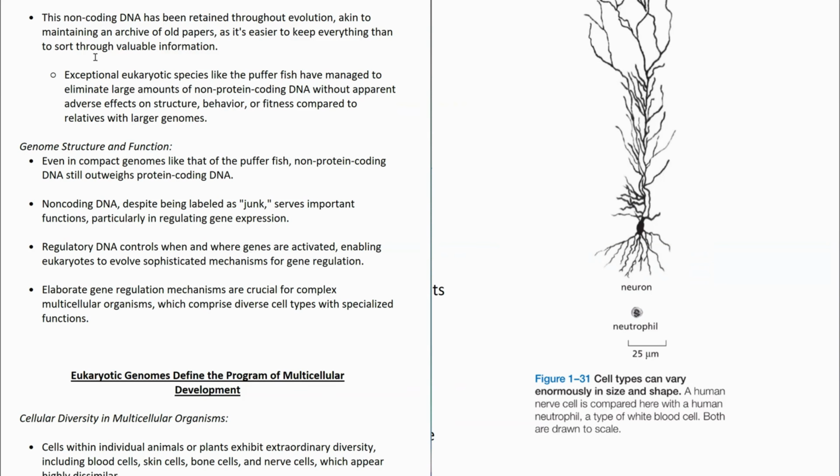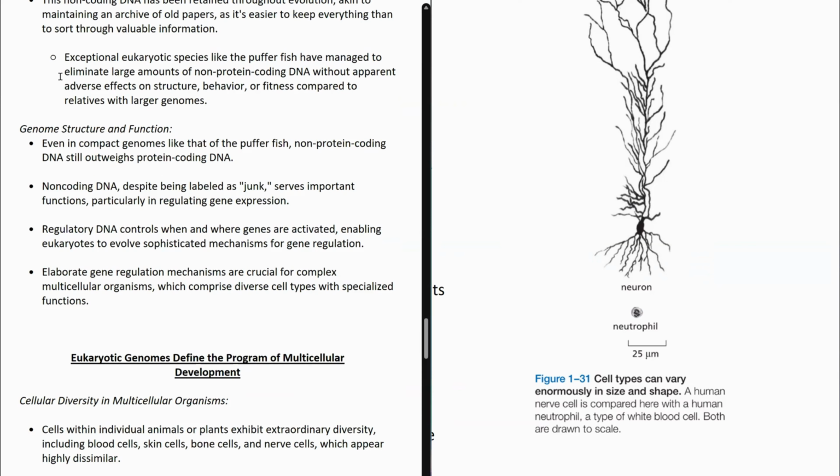And just accumulate and accumulate. That's not always the case. There are some eukaryotic species like the pufferfish that have managed to eliminate large amounts of non-protein coding DNA with no adverse effects on their physiology, their anatomy, or the structure and behavior of their genome relative to other organisms with a much larger genome.